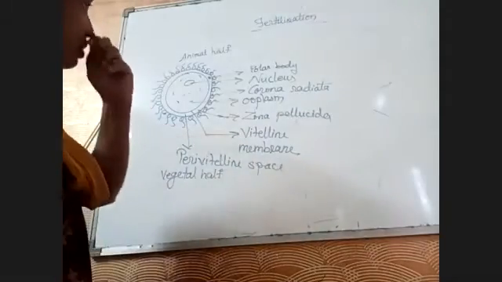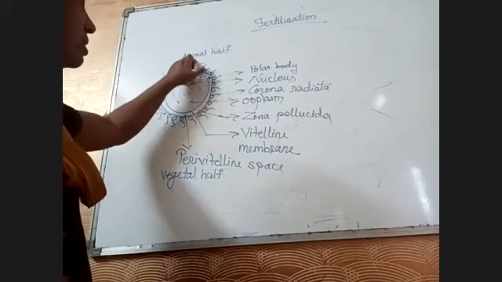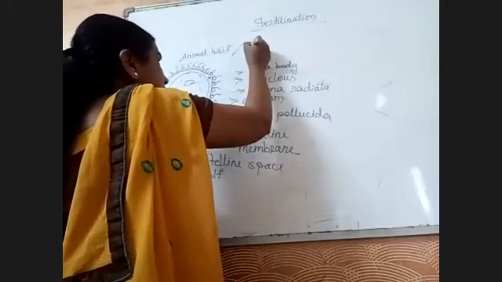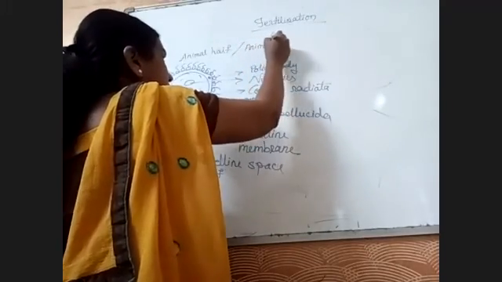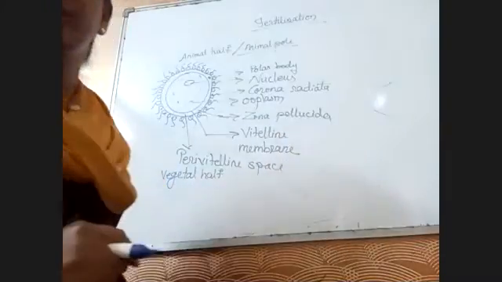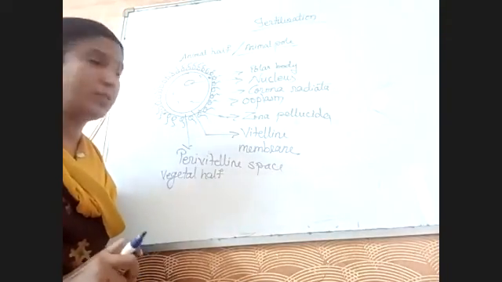The center of this animal half is called the animal pole. On this animal pole, the fertilization process will take place. Did you understand this?